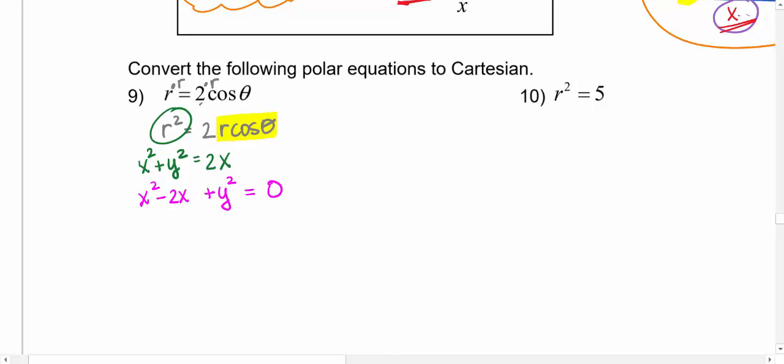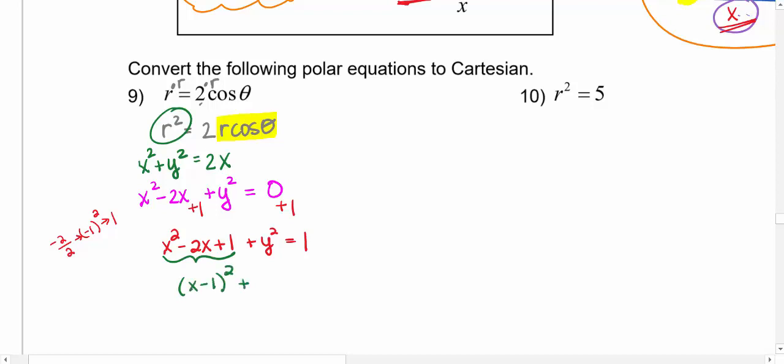I'll take this -2 off to the side, cut it in half and then square it. So I should add 1 to both sides to complete the square. And then I have a perfect square, so I can write it in the form of the perfect square.